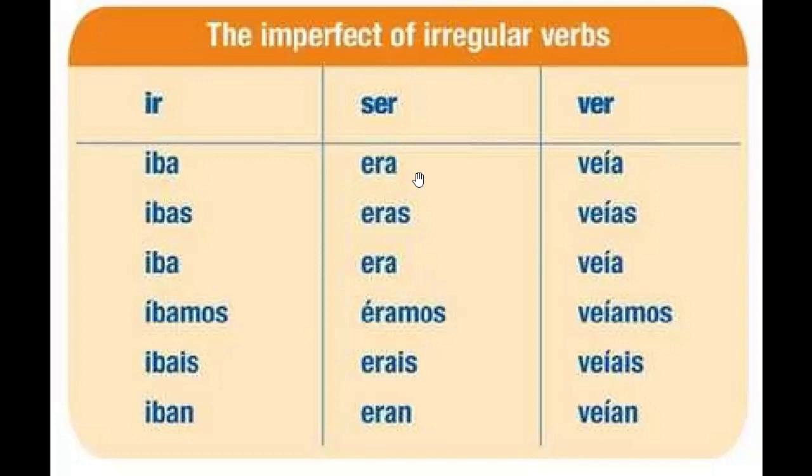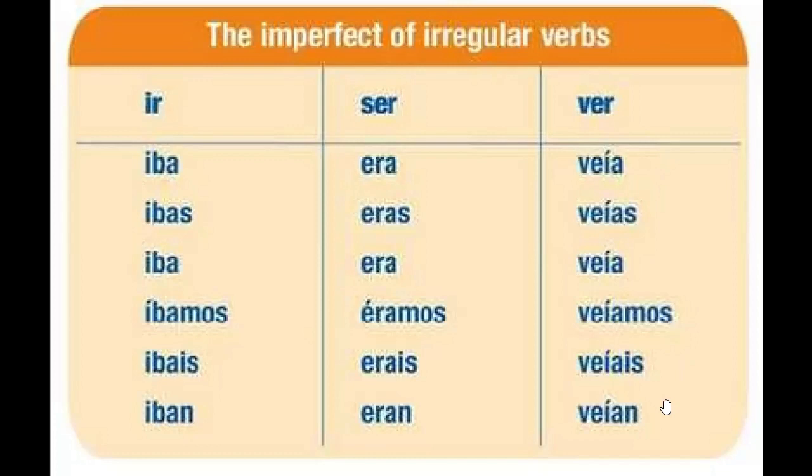Okay, description. And here we have the third irregular verb in pretérito imperfecto, which is ver. Well, first let's read the conjugation. Yo veía, tú veías, él veía, nosotros veíamos, vosotros veíais, ellos, ustedes veían.